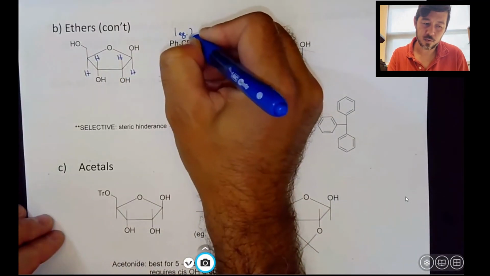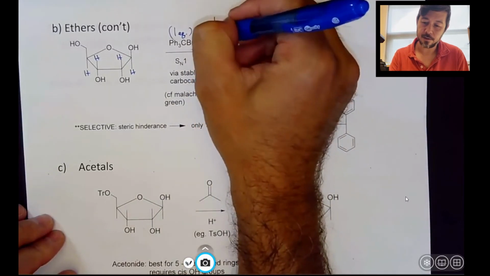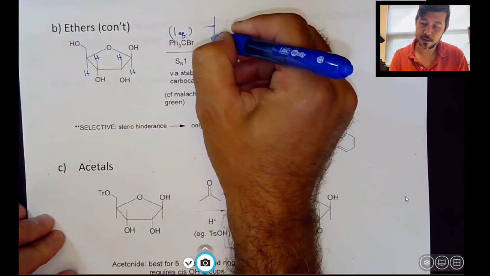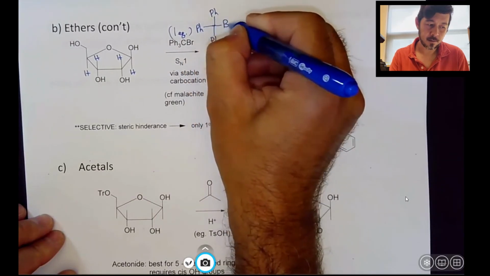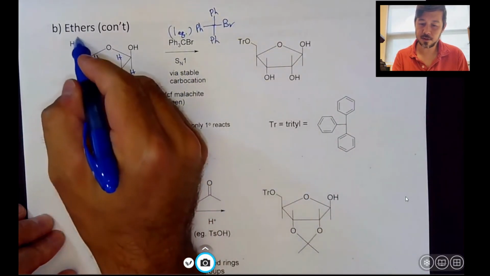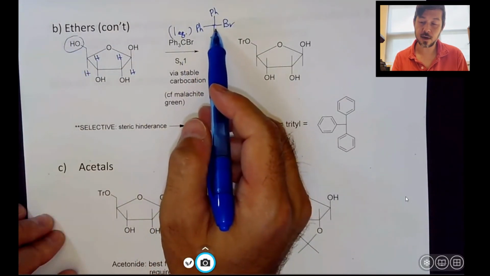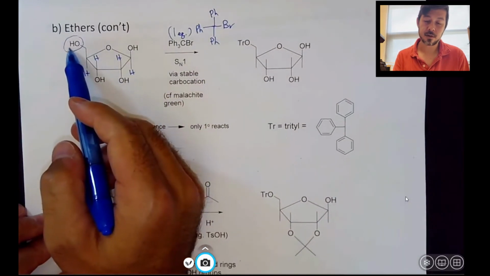But if you treat this with one equivalent of triphenylcarbobromide, this will react via SN1, and this group here, being a primary hydroxyl group, will preferentially react exclusively first because it's a better nucleophile.